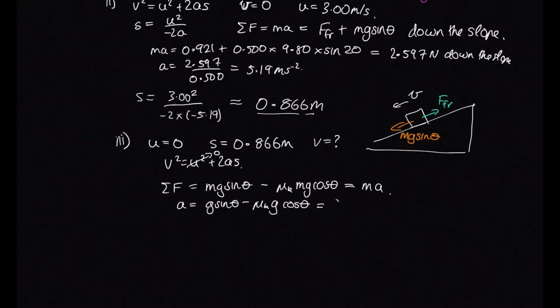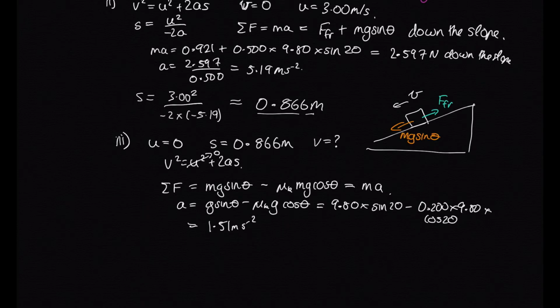So this is equal to 9.80 times sine 20 minus 0.200 times 9.80 times cos 20. Solving this on the calculator, we end up with an acceleration of 1.51 meters per second squared.